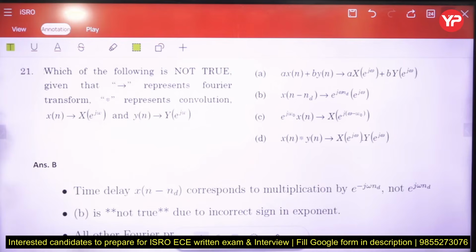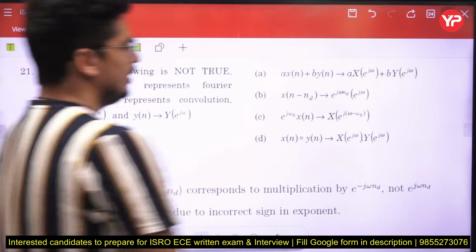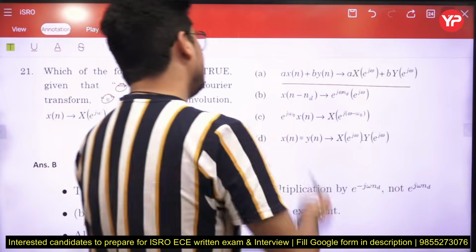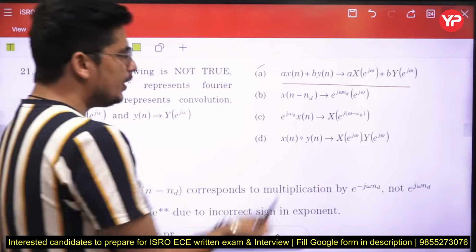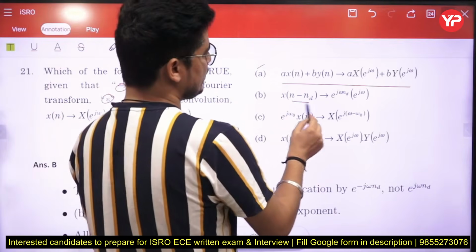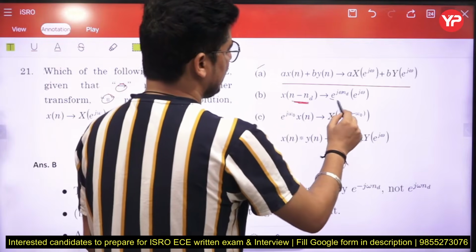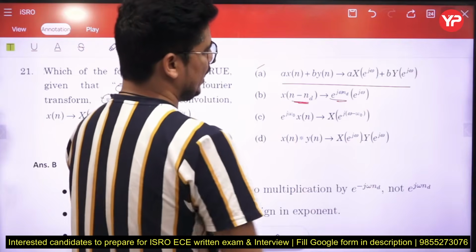Okay, he is asking which of the following is not true, given that this arrow represents the Fourier transform, this star represents the convolution, right? Okay, first, yeah, this is the linearity property of Fourier transform, this is true. Second, if you are having n minus n naught, that will be multiplied by this value. No, that's not correct.